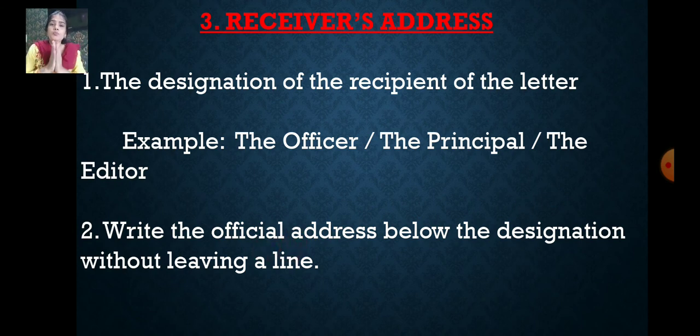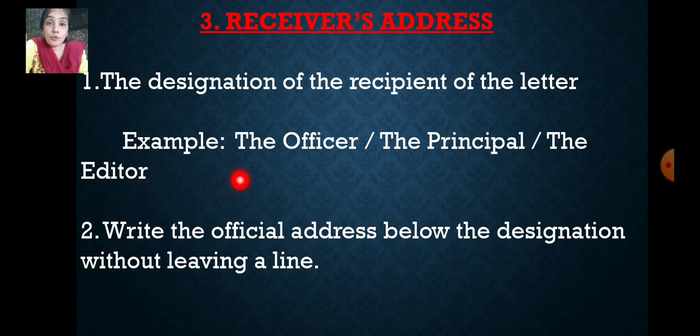Designation means to whom you are going to write. If you are going to write to the manager, you will write the manager. Or to the officer, to the principal, or to the editor. So for a newspaper it means to the editor.